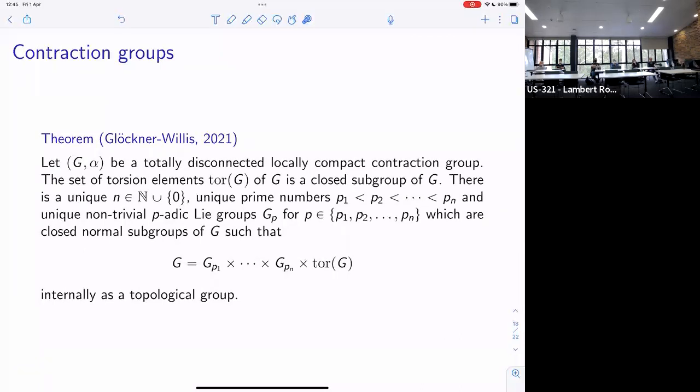Let me say a bit about the structure of contraction groups.